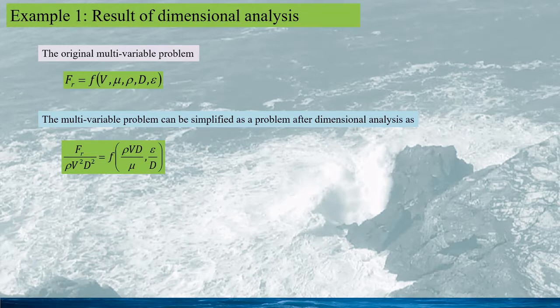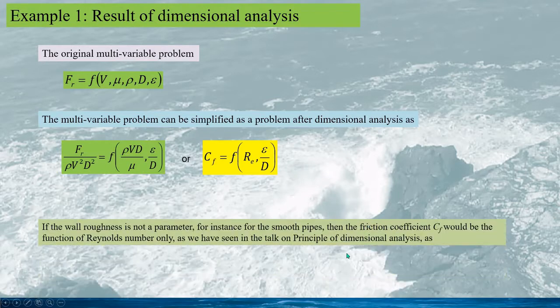So the non-dimensional fluid friction coefficient is a function of this, or we have the more practical expression CF. The non-dimensional friction coefficient CF is a function of the Reynolds number and the relative roughness.